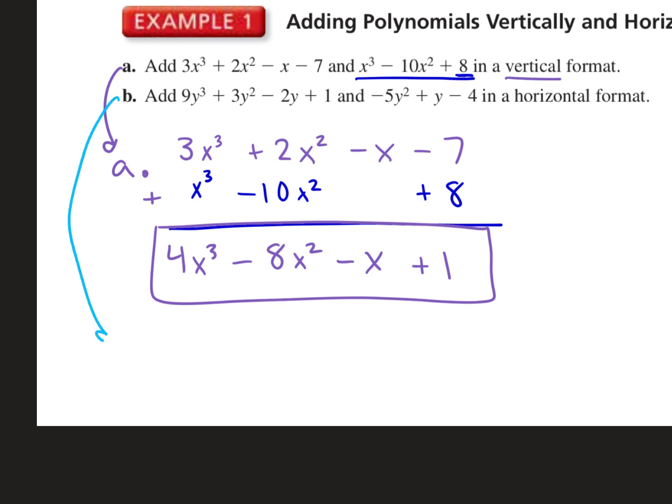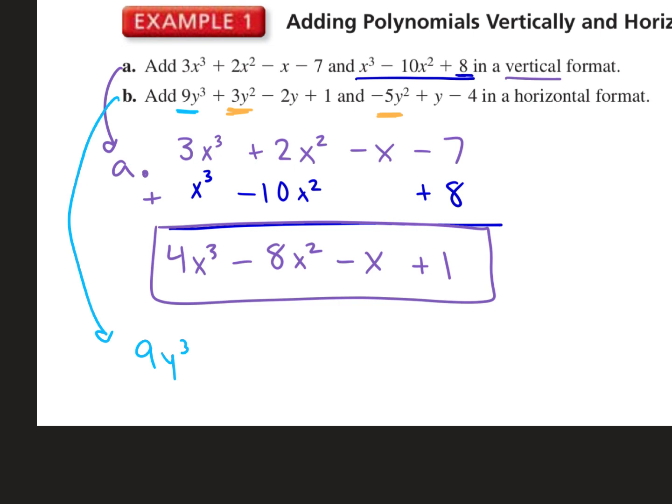So for B, we're adding. So find your like terms in both sets. Do I have a like term with 9y cubed? No. So I start with 9y cubed. Then I have 3y squared. Do I have a like term with 3y squared? Negative 5y squared.